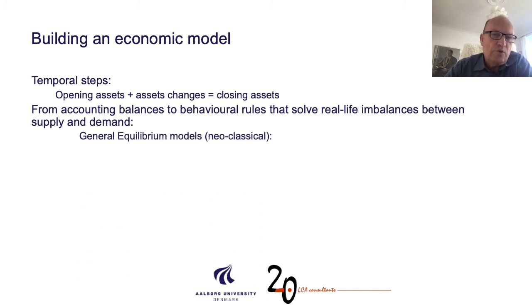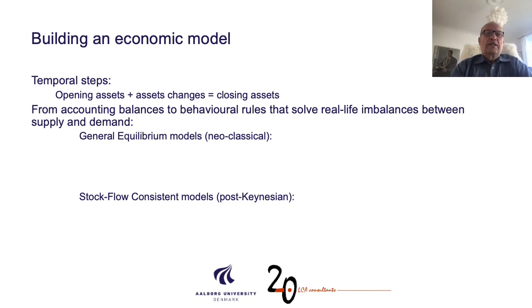And here there are two kinds of schools that have been developing different ways of dealing with economic models: the general equilibrium models from the neoclassical school and the stock flow consistent models from the post-Keynesian school.